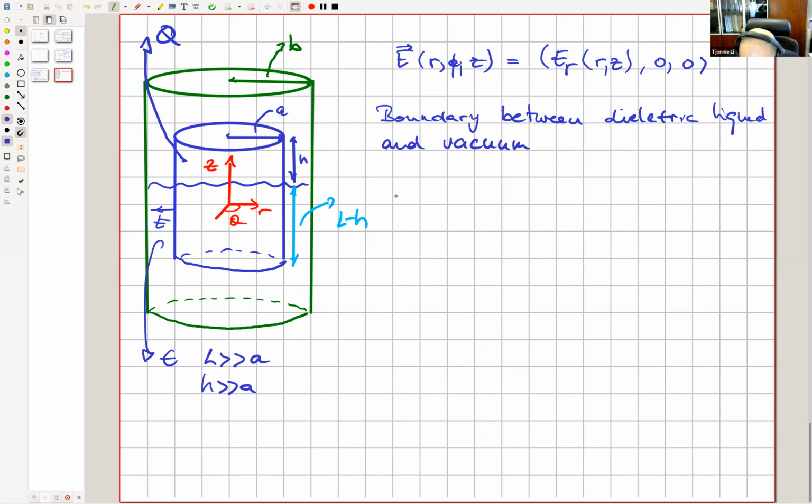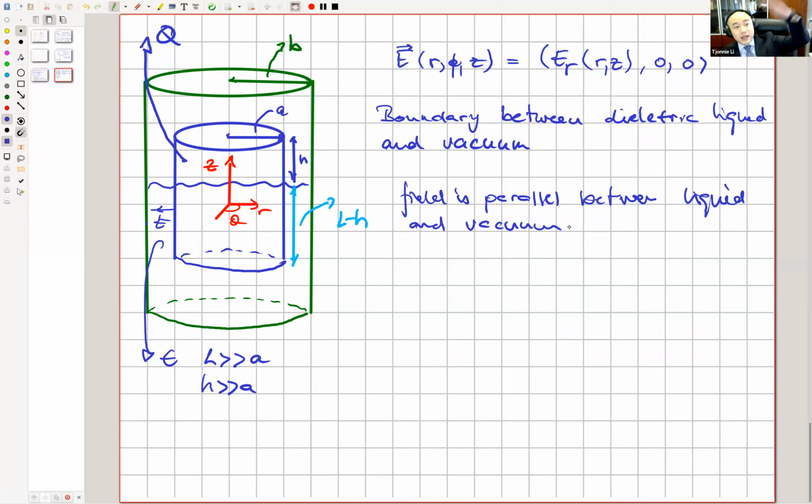The field parallel between liquid and vacuum: in that case, we don't see any discontinuity in the field in the z direction, and we expect it to be the same everywhere.